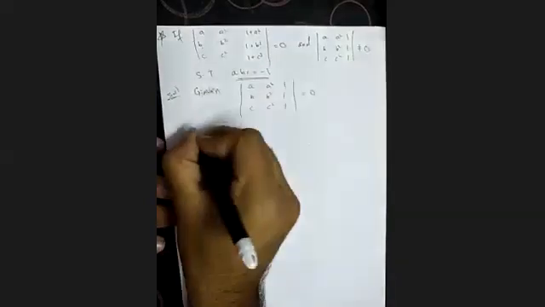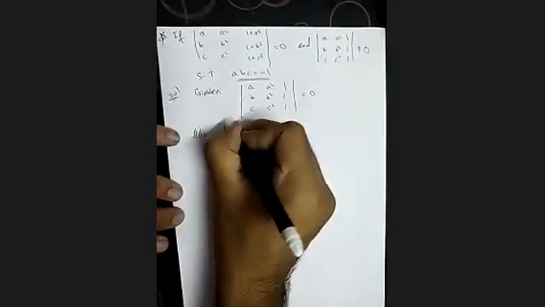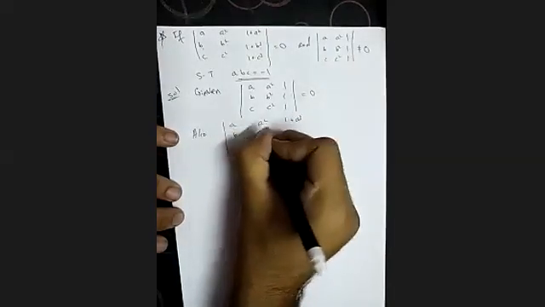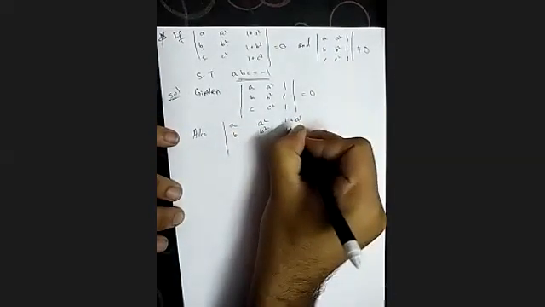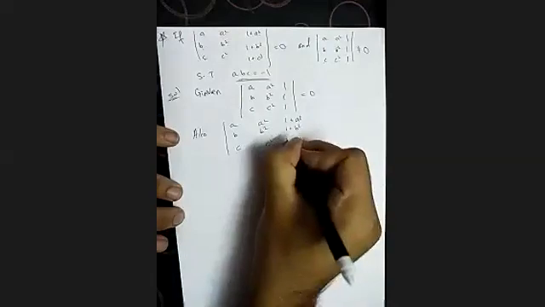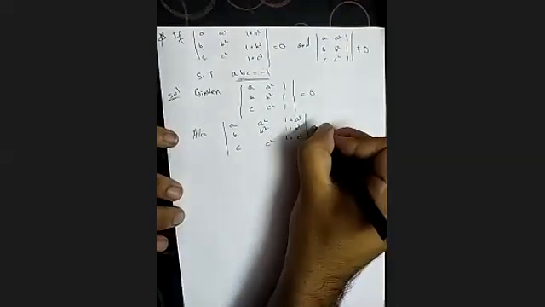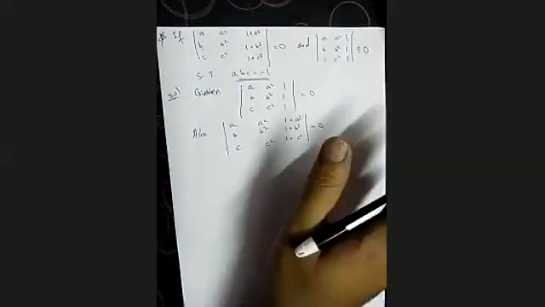Also, the determinant a, a square, 1 plus a cube; b, b square, 1 plus b cube; c, c square, 1 plus c cube is equal to 0. That is also given to us.